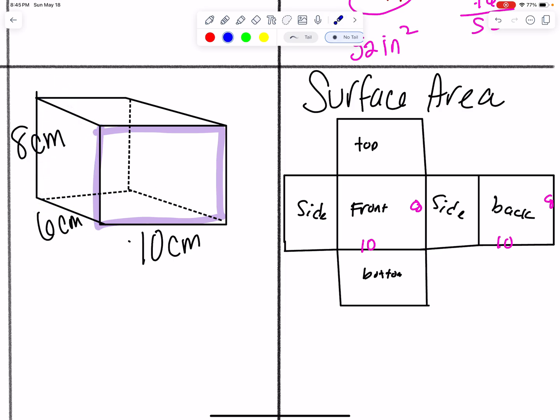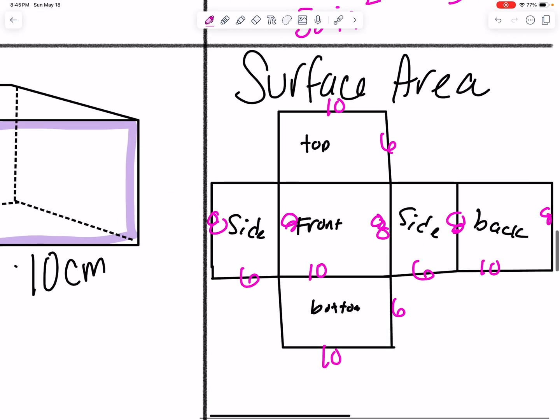If you can see it right there, it's the same one as here, an 8 by 6. By the way, this is an 8 all the way across by 6. Okay? And then watch, I'm going to do the top and the bottom, but I always look at the bottom. And this is 10 by 6. So this is going to be a 10 by 6. And this is going to be a 10 by 6.